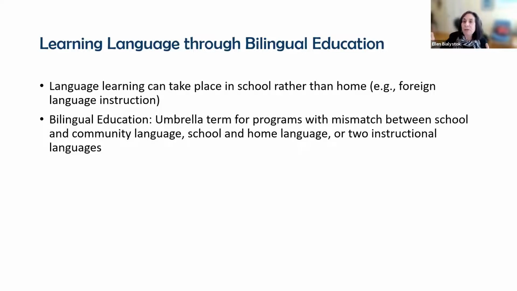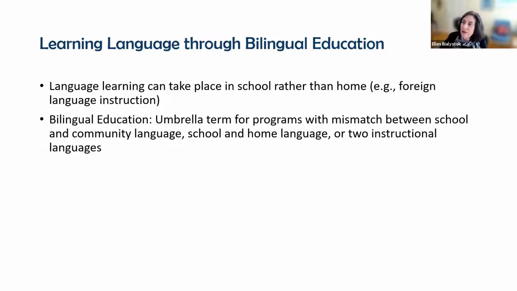It doesn't denote a particular kind of educational program, but it includes any educational program where either there's a mismatch between the school language and the community language, the school language and the home language, or even two instructional languages in schools. They're all kind of included.